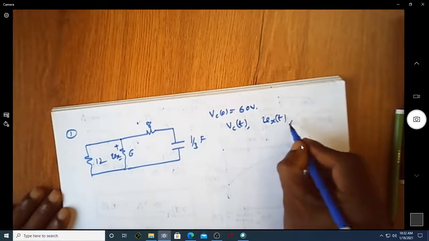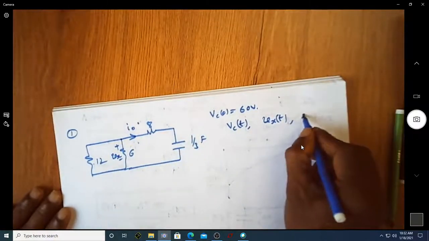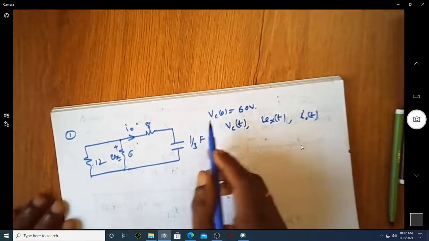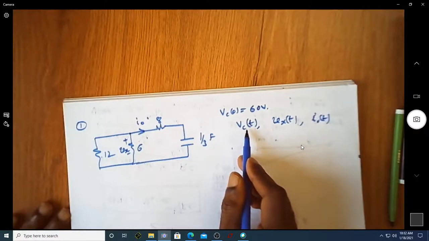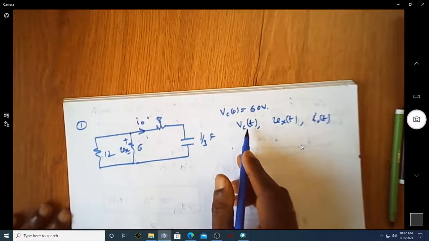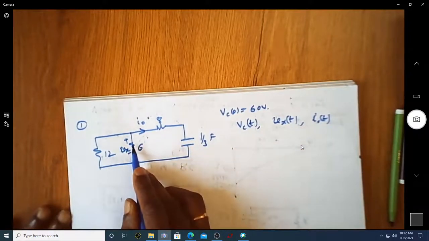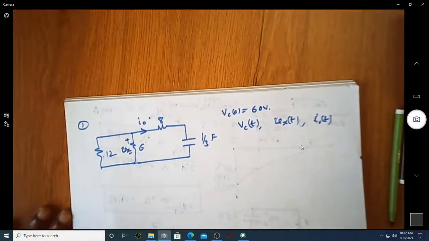We are also asked to find the value of I0 of t. So the initial voltage across this capacitor is 60 volt, and we need the voltage across the 6 ohm resistor, and the current flowing through this 8 ohm resistor.